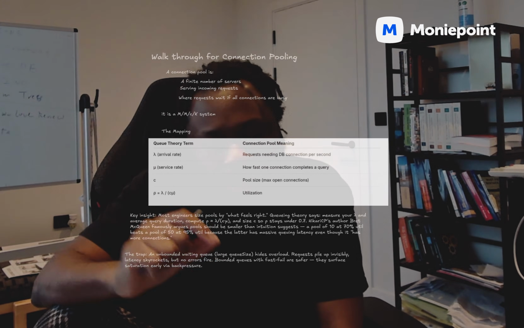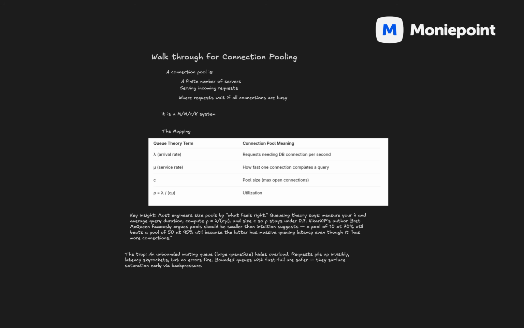In my interaction with teams, there is no science to how they pick. What I'm trying to teach is there's a bit of science you can apply about how you pick things like the connection pool, the number of threads that you use, and even the number of Kafka partitions that you have.